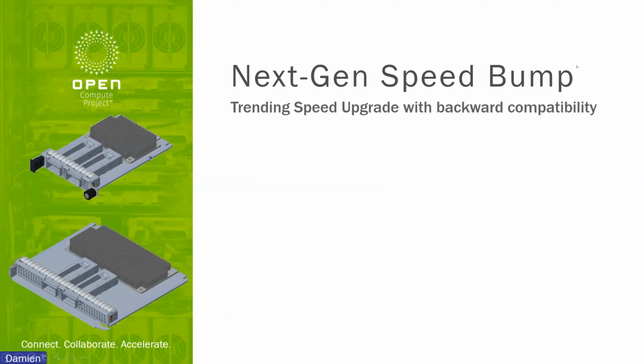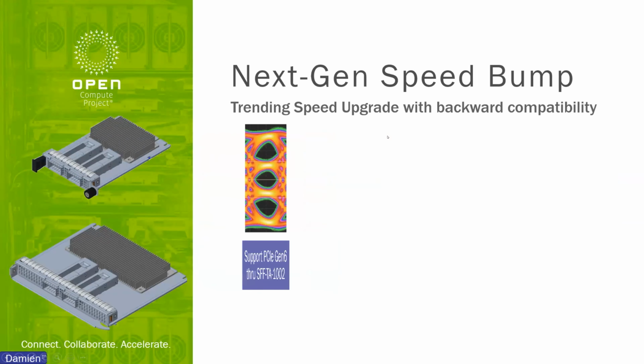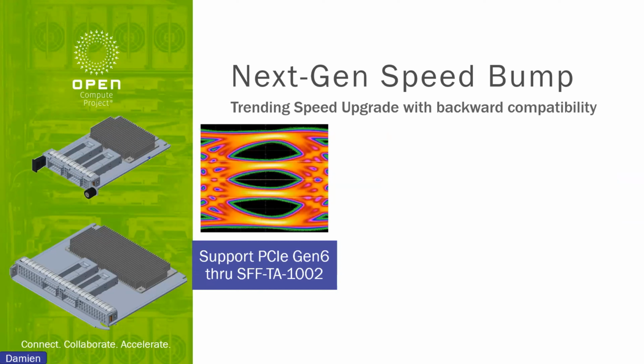Next, we're going to talk about the next gen speed bump that the work group is working on. So as we mentioned earlier a little bit, we are looking to support PCIe Gen 6. And we have looked into the difference between PCIe Gen 5 and Gen 6. The major difference, how we bump up the speed, is through a different encoding scheme.